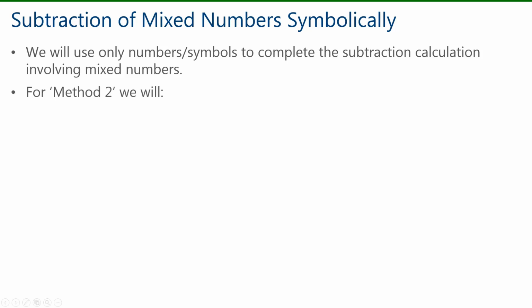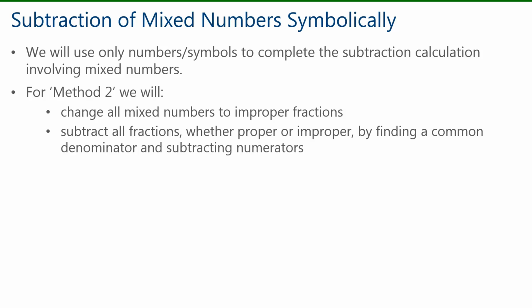So for method 2, we will change all mixed numbers to improper fractions, and we'll use that little process that we were shown earlier to do that. We will subtract all fractions, whether proper or improper, by finding a common denominator and subtracting numerators.